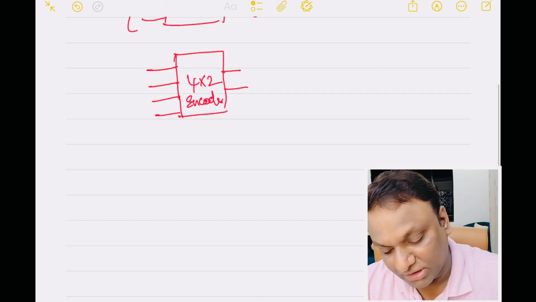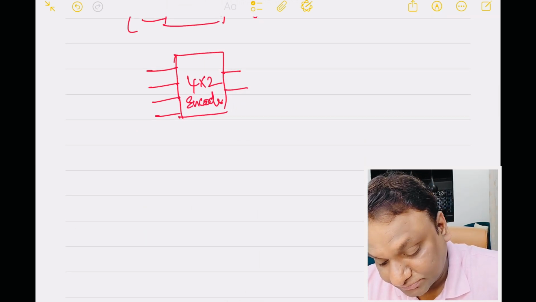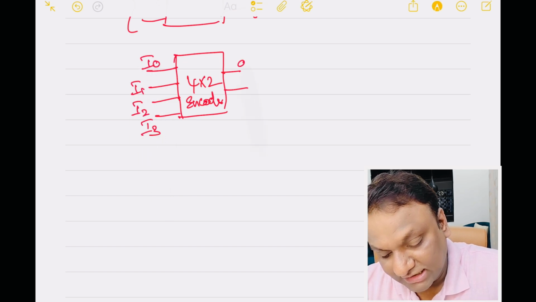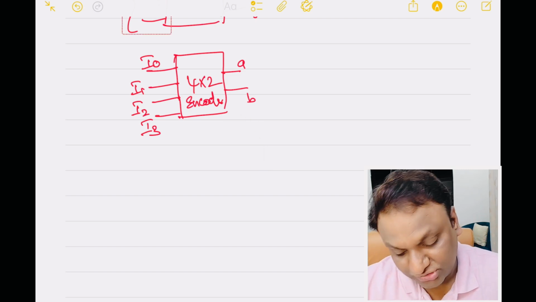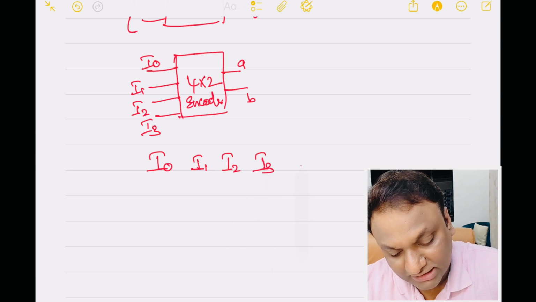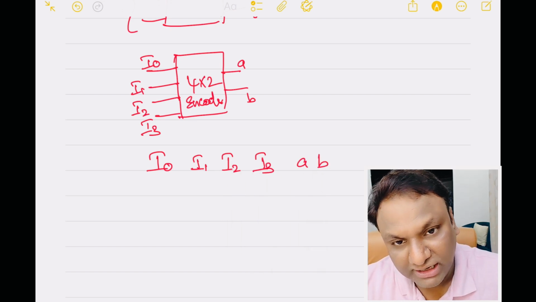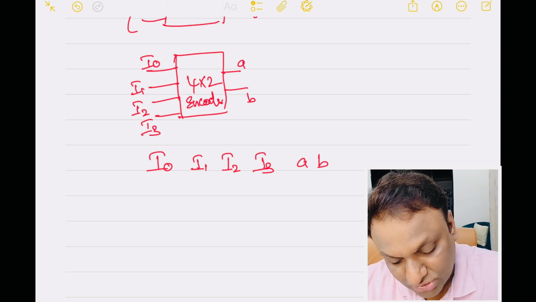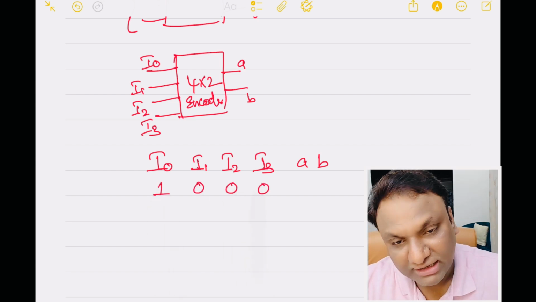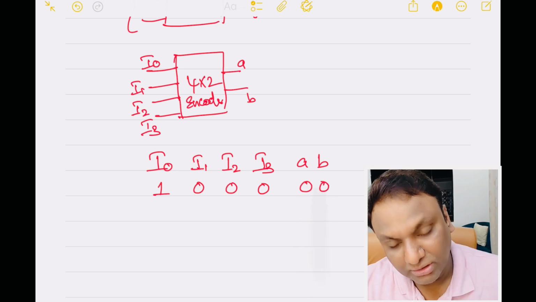Let us take the inputs as I0, I1, I2 and I3, and let A and B be my outputs. The encoder is defined so that the output A and B will be 0, 0 only when I0 is equal to 1 and the rest of the inputs are 0.